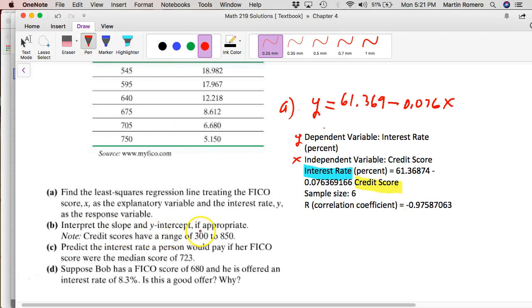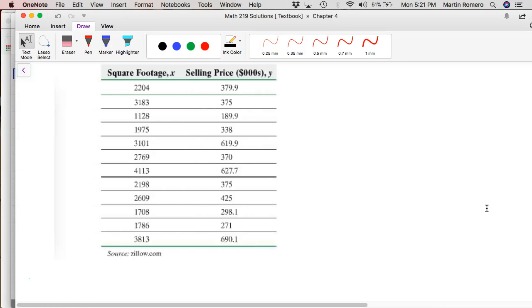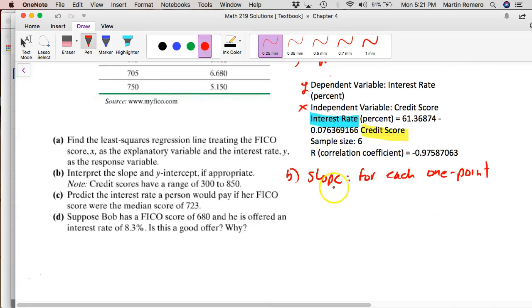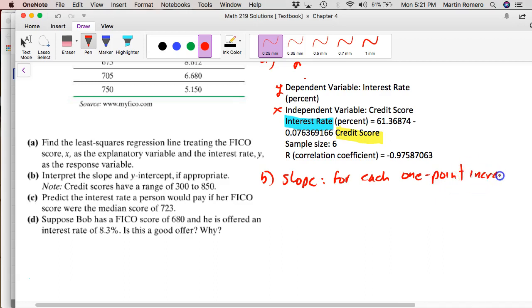Interpret the slope and y-intercept in this case. For question B, what the slope means is, for each 1 point increase in credit score, you can expect the interest rate to decrease.